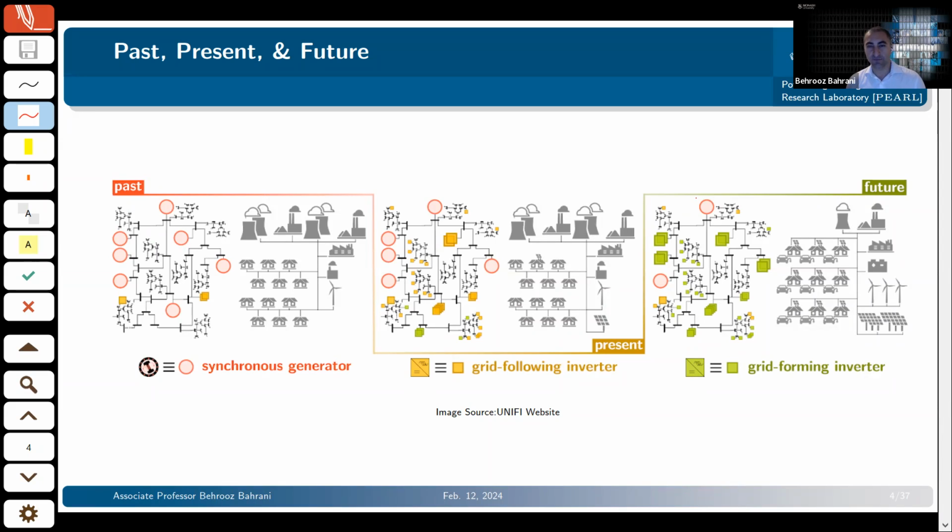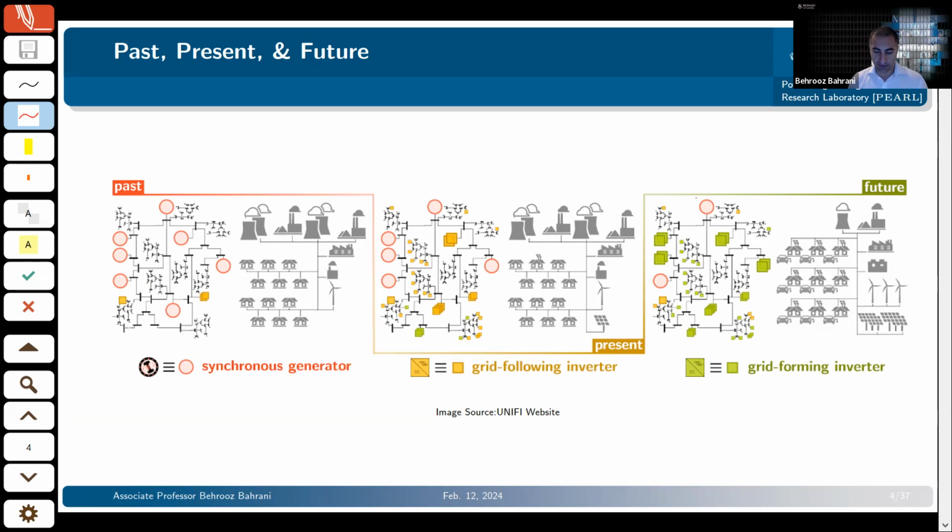And the idea is that we will be replacing them almost all, hopefully, or as many as we can, with inverter-based technologies. But what we're doing currently mainly is grid-following inverters. Certain countries in the world are installing grid-forming inverters as well, particularly Australia.